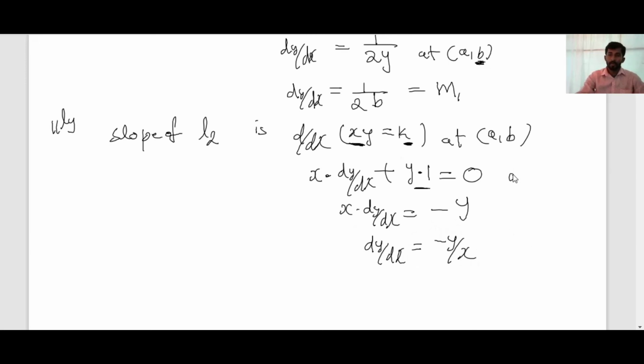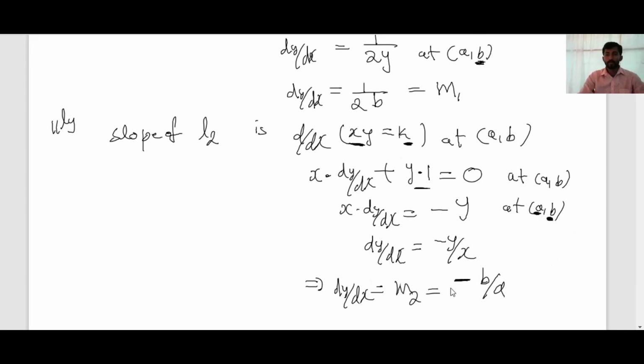You are calculating at the point (a, b), here also at the point (a, b). So substituting, dy by dx is nothing but m2, the slope of the second tangent L2, as we denoted it. m2 is equal to minus b divided by a, taking the x ordinate as a and the y ordinate as b.